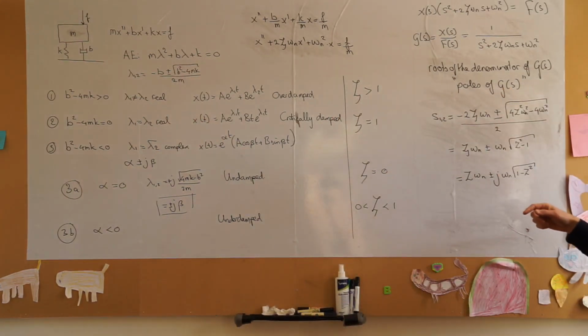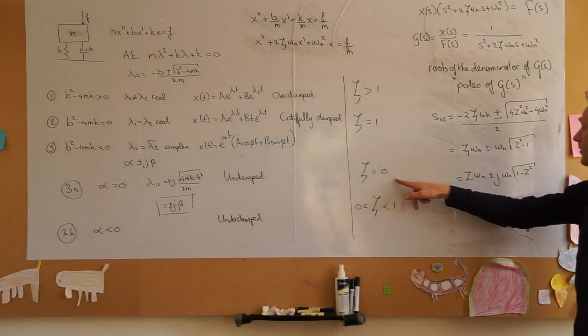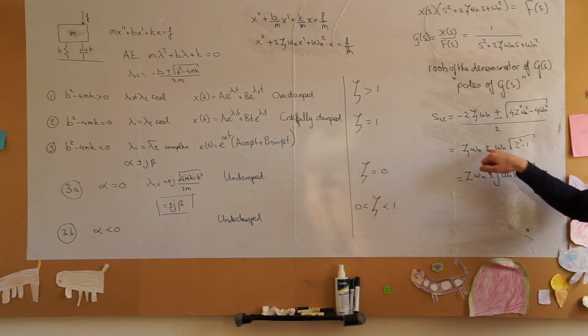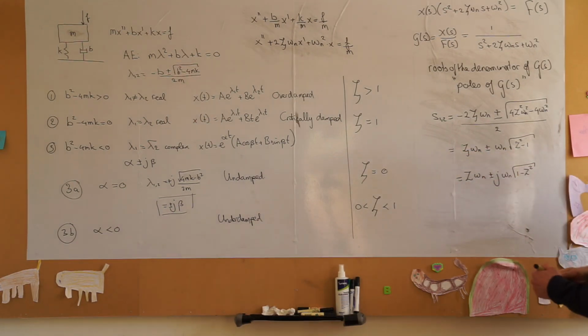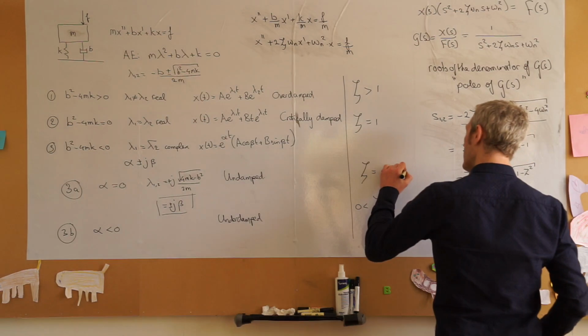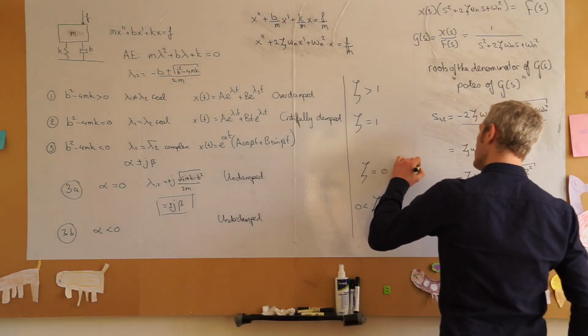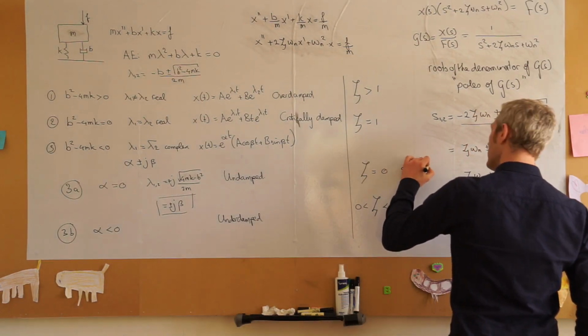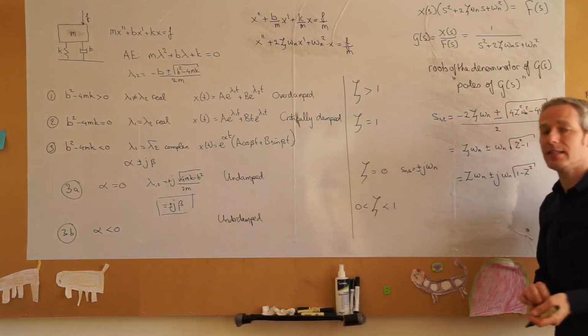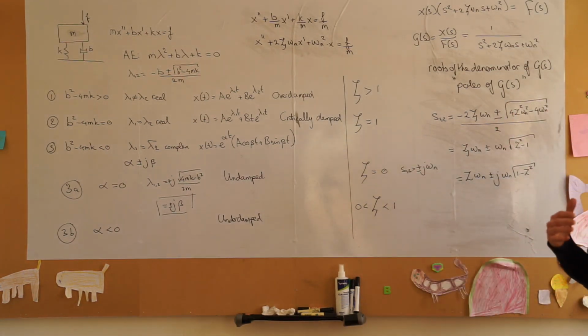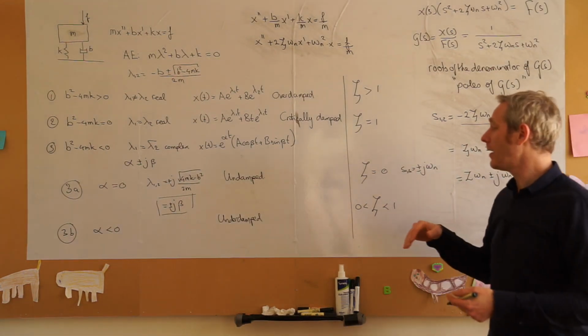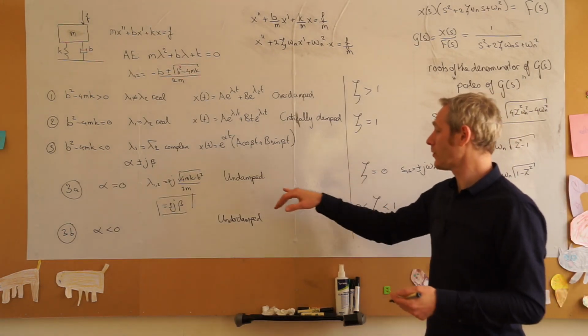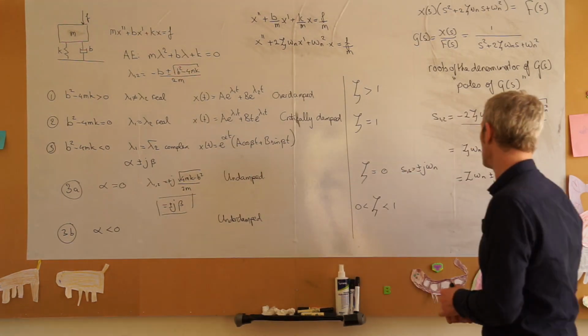If zeta is equal to 0, then this term drops out, and we are only left with s1, s2 equal to plus or minus j omega n, and that is the case where we have no damping, where it oscillates purely at its natural frequency, and that's the undamped solution.